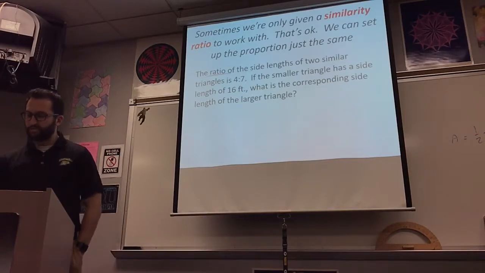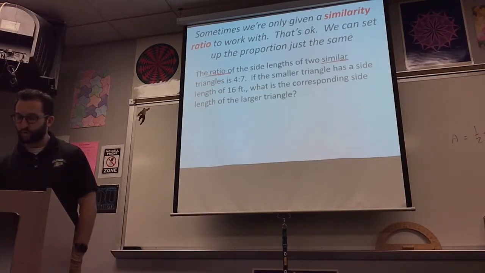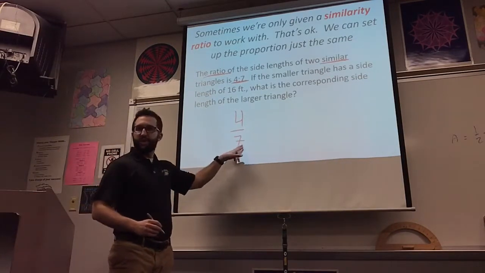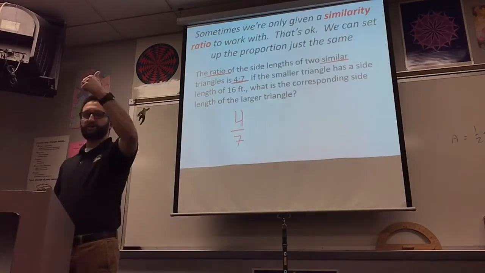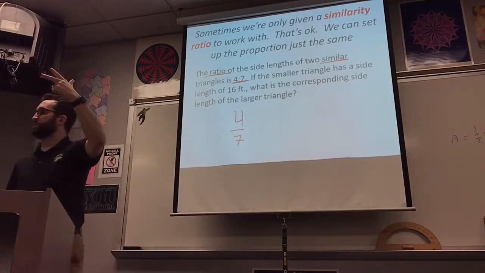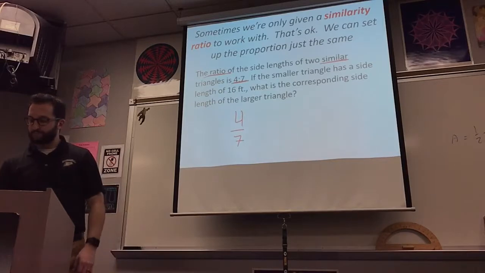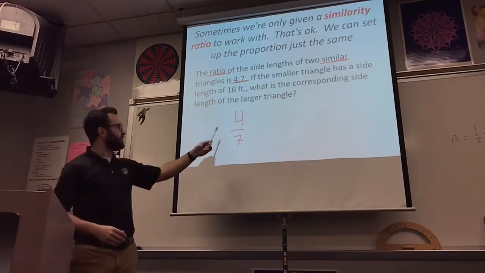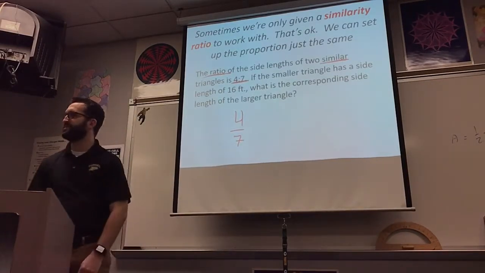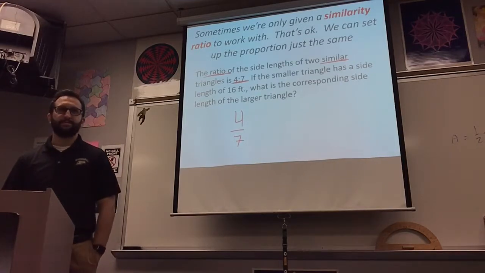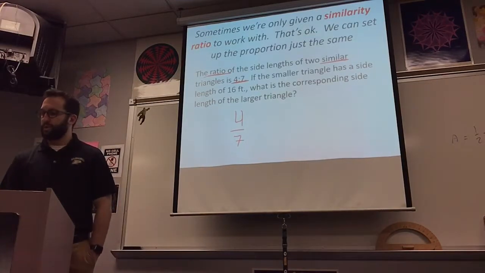We're told that the ratio of the lengths of two similar triangles is 4 to 7. So we have this ratio. We can write ratios as fractions. You remember that, right? You can write a ratio as a fraction. You can write it with the word to. You can write it with the colon. For our sake, we're going to write it as a fraction. Now, which of these two numbers is the littler one?